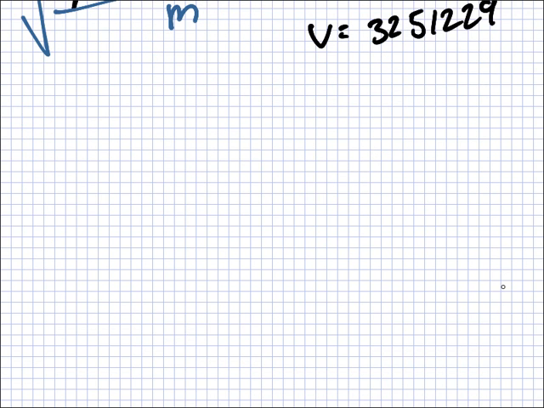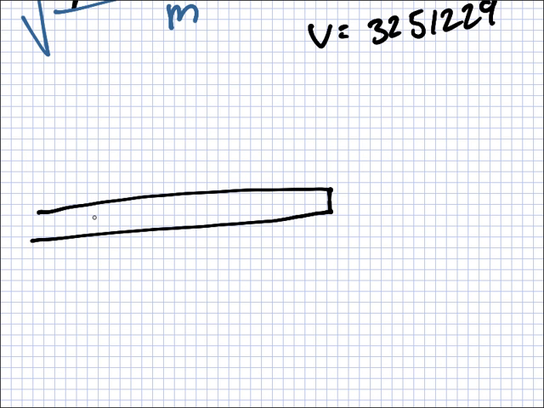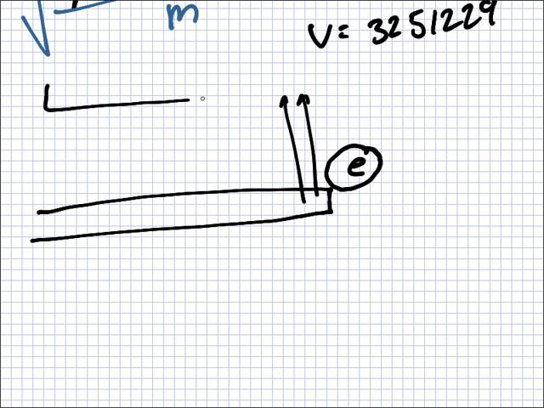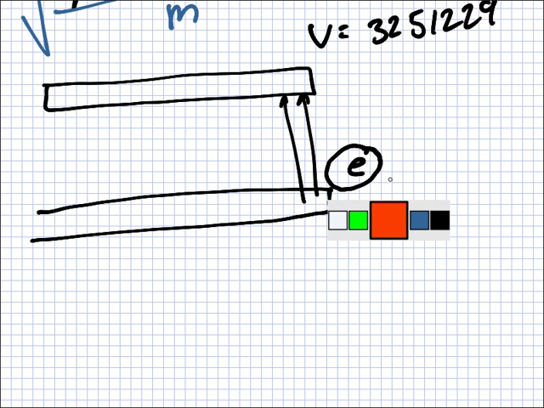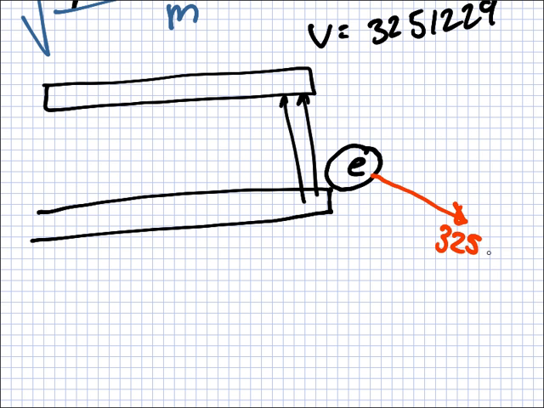Now, lastly, here's the plate. Here's the electron leaving the field. The field was here. We've just worked out it's leaving at a speed of 3251229. This speed is made up of a horizontal and a vertical component.